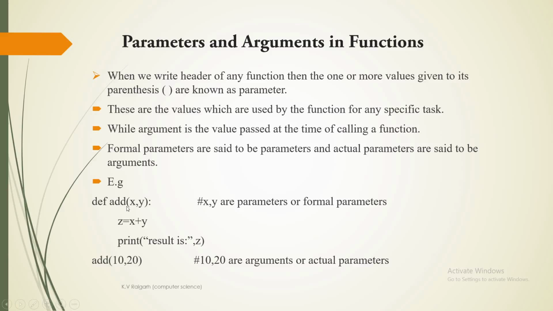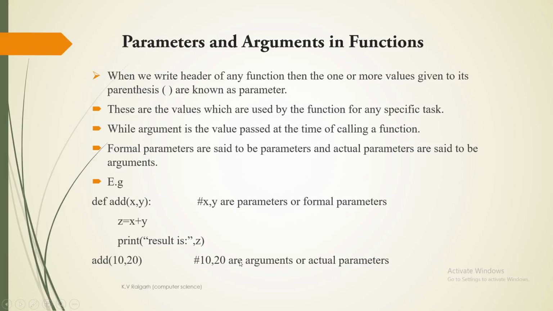So what we learn here: x and y in the header section of the function definition are parameters, and when we call any function, whatever value, variable and expression we pass is called an argument.